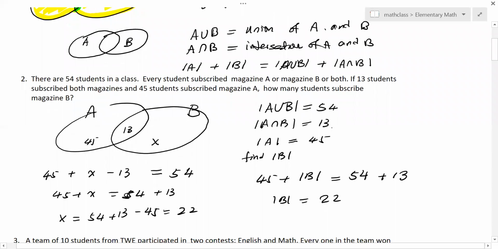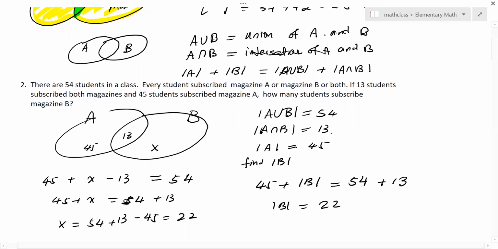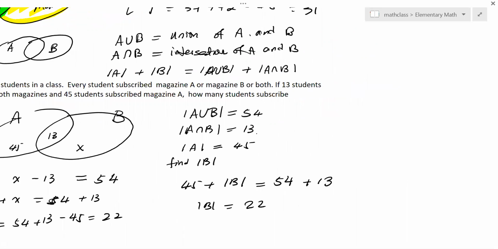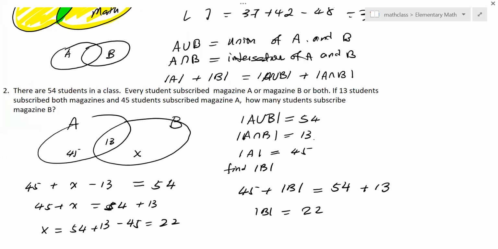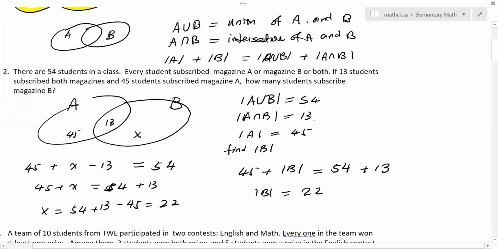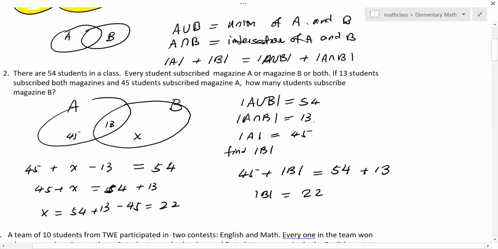It's going to be 22. Okay, so this is how we solve the problem. You try to figure out the total number of students by adding students from both groups, and then you have to subtract the number of students in the intersection area.